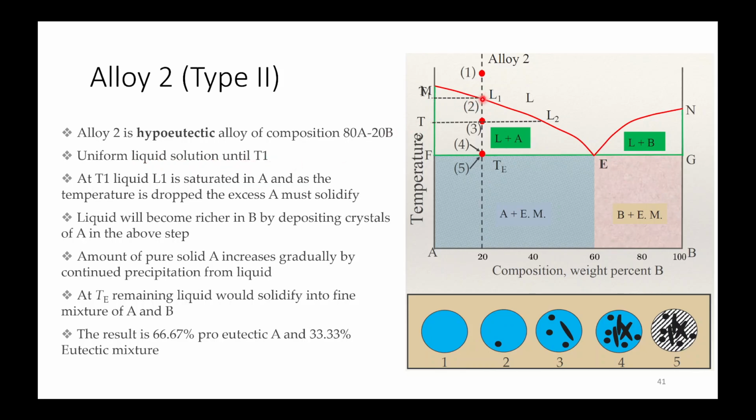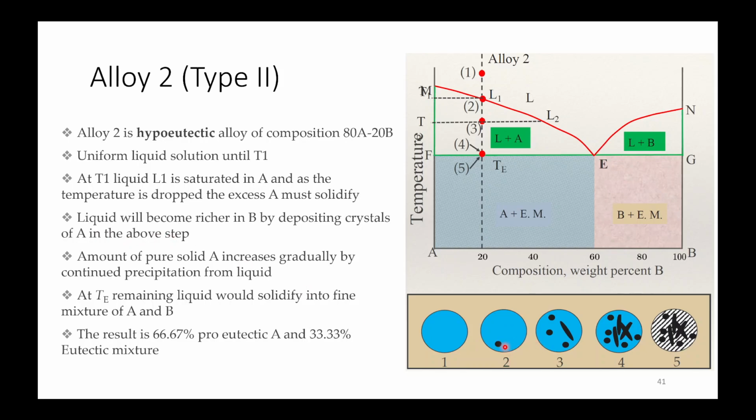So until this L1 we will be getting liquid only, then there will be formation of A, which is rich in A. So this A will form, and at T1 liquid L1 is saturated in A, and as the temperature is dropped, the excess A must solidify. So the liquid will become richer in B by depositing crystals of A in the above step.